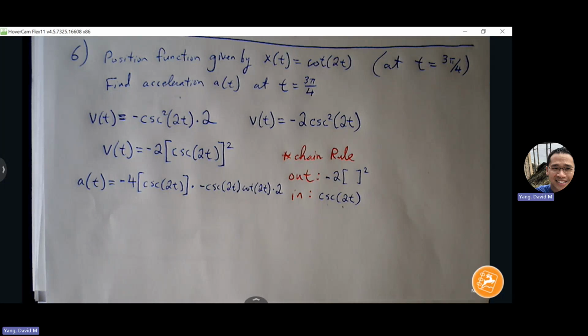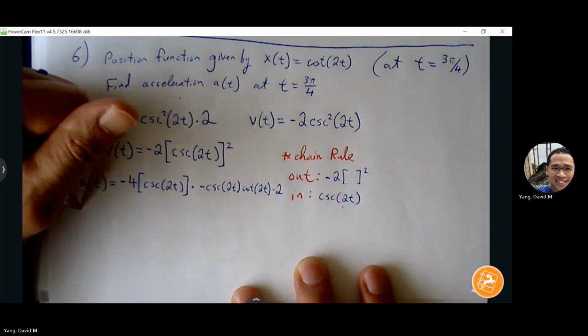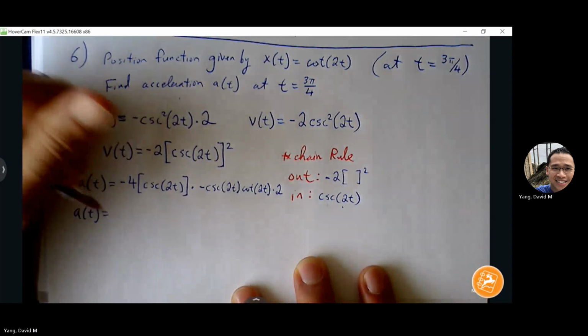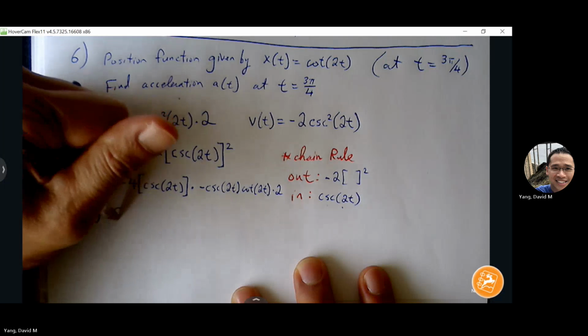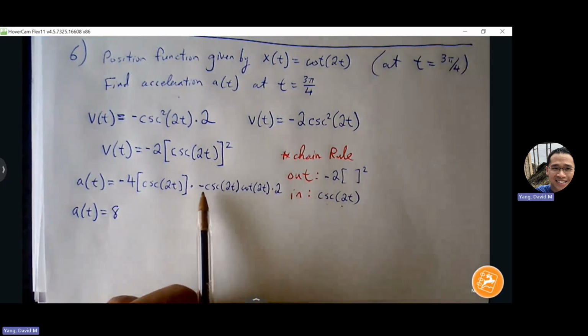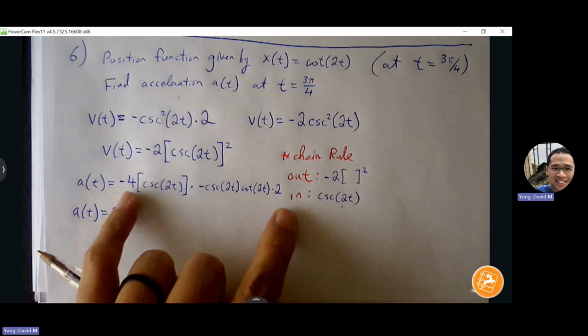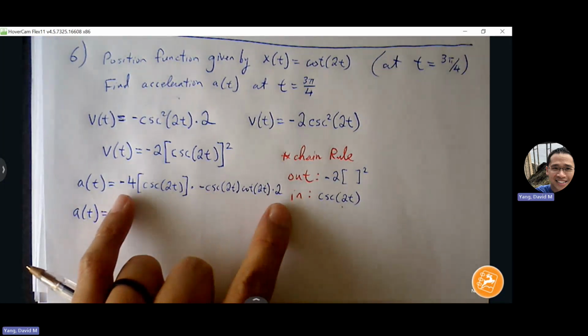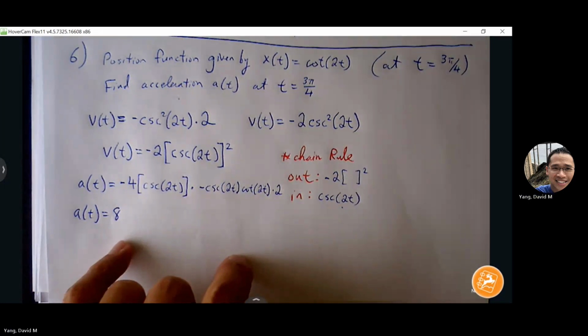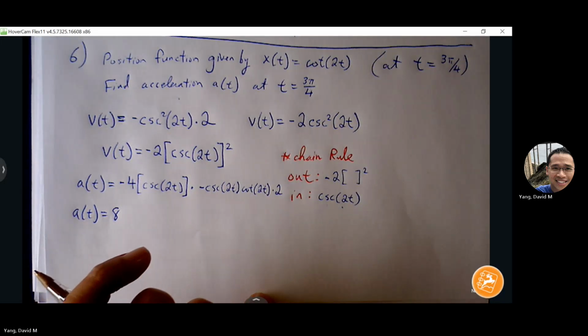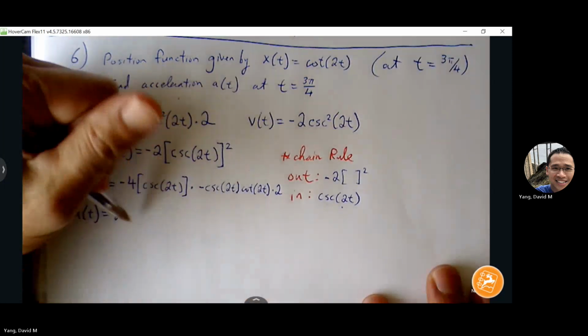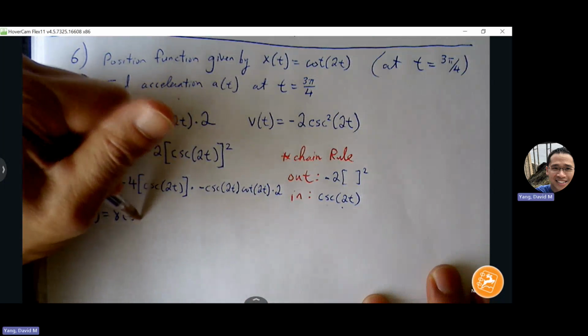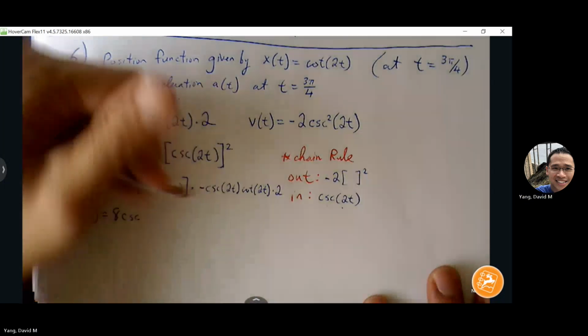Clean that up and then replace every t with 3π/4. Now I have a negative 4, a negative 1, and a positive 2. So if I put all that together, I'm going to get a positive 8, and the 2 to the front is most better. That's right.